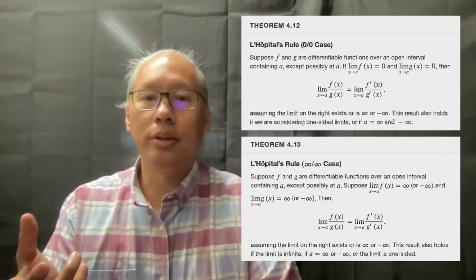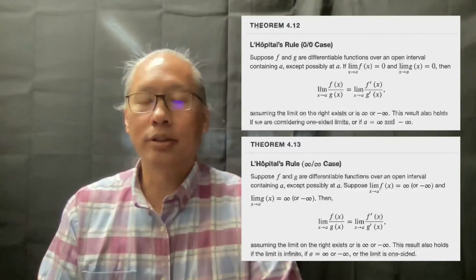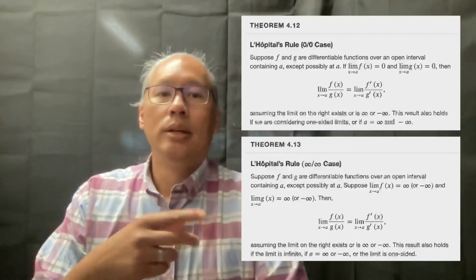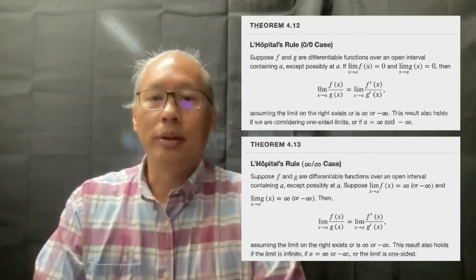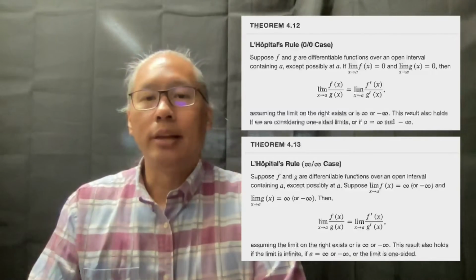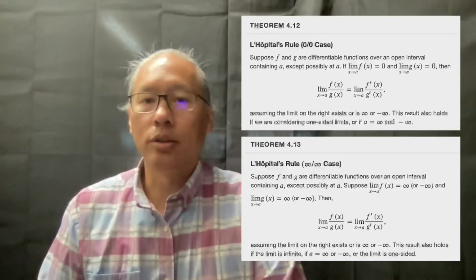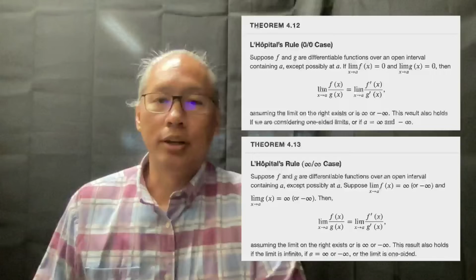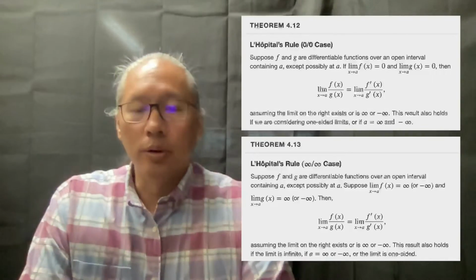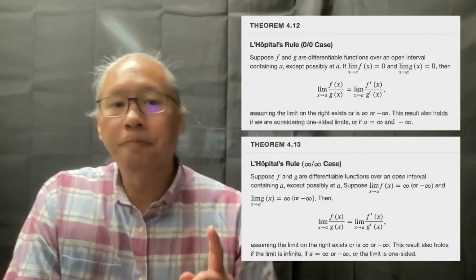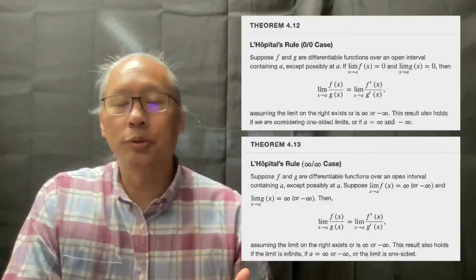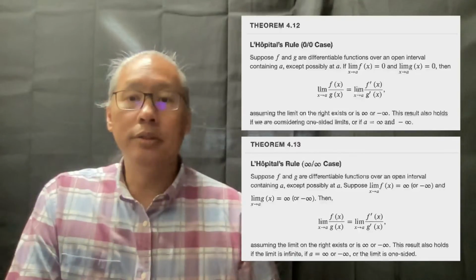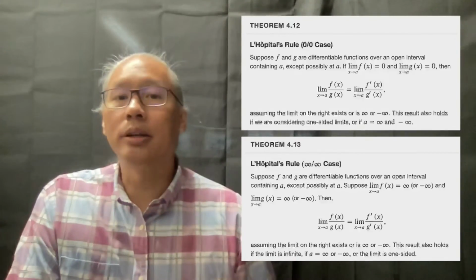You're then comparing the rates of change of the function on top and the function on the bottom, and then finding the limit as it gets closer to 0 or another number or even infinity, and then you get to see what's happening. So these are the 2 main cases where you can apply L'Hopital's Rule. All the other indeterminate forms will have to be rewritten into these 2 cases for you to be able to apply L'Hopital's Rule.